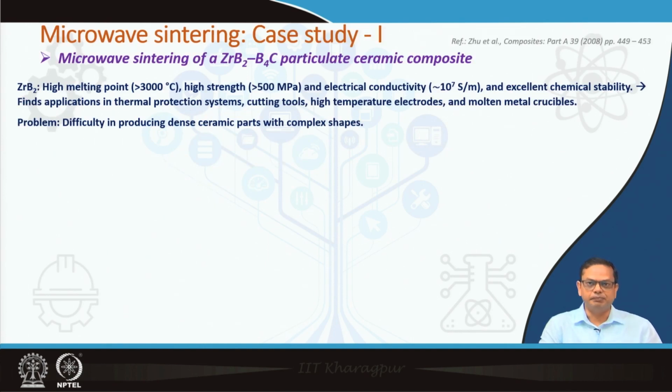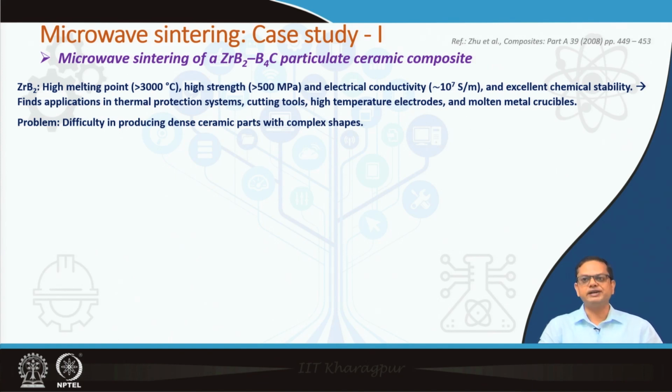The first example, or case study, which I would like to portray here is a ceramic composite where the matrix is ZrB2, reinforced with B4C particles. The importance of ZrB2 is that it has a very high melting point and high strength.